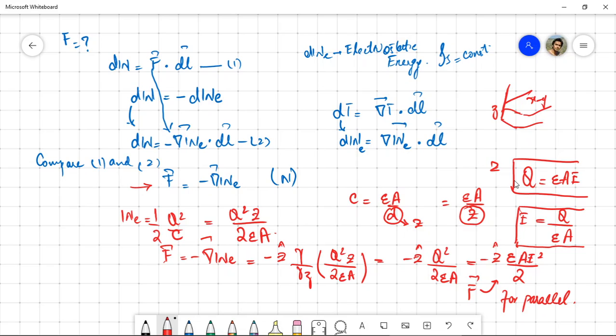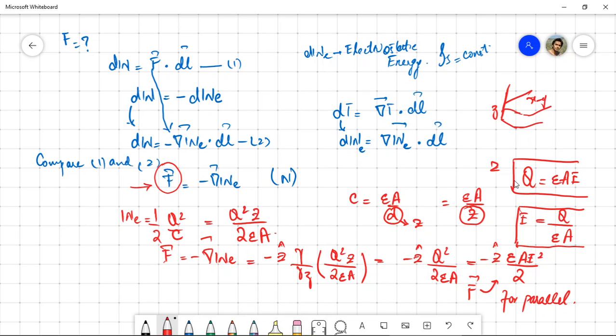For that, you need to put the value of WE with respect to that coaxial cable or that round capacitor. We calculated the value of WE for that thing there. So all you had to do is to put the value of that WE in this equation, and then you need to calculate the gradient.